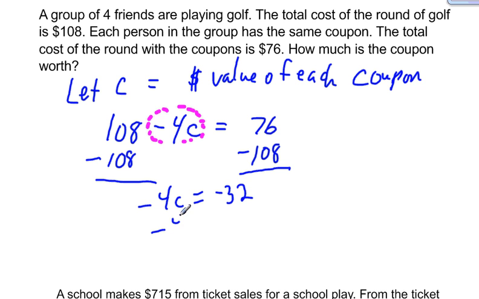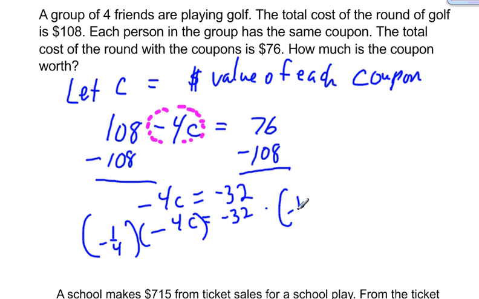Then I want to get what positive c is, so we multiply both sides by negative 1/4, and I end up getting c equals $8. So each coupon was worth $8.